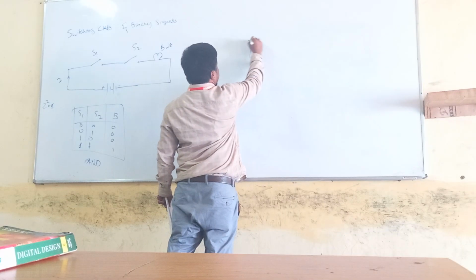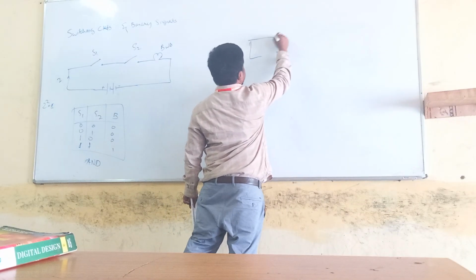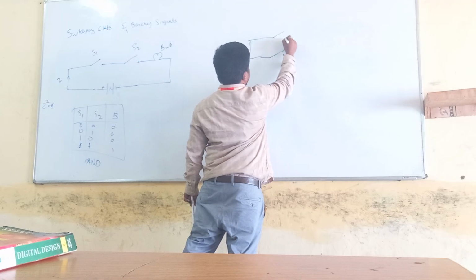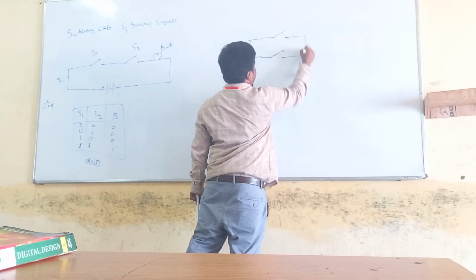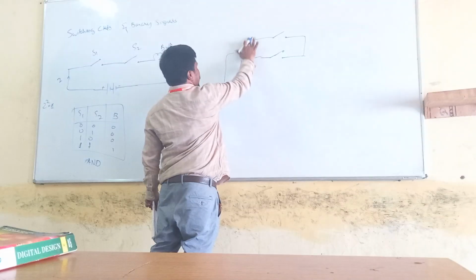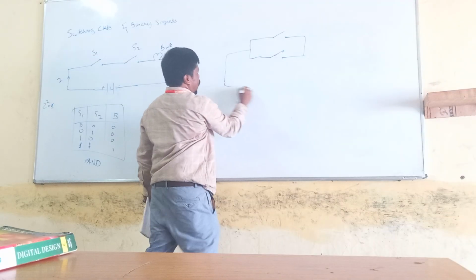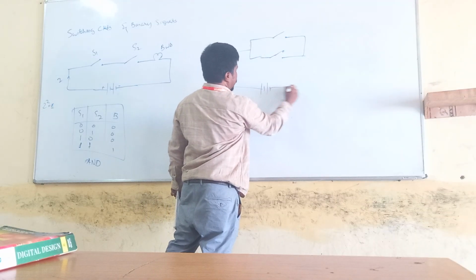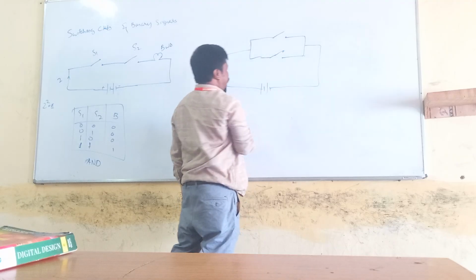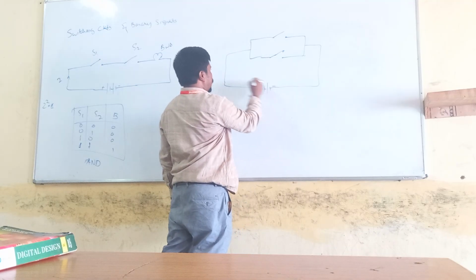Similarly, if I take the switches in parallel, this is to be parallel. I am connecting to one battery here, with positive and negative, and current is flowing.